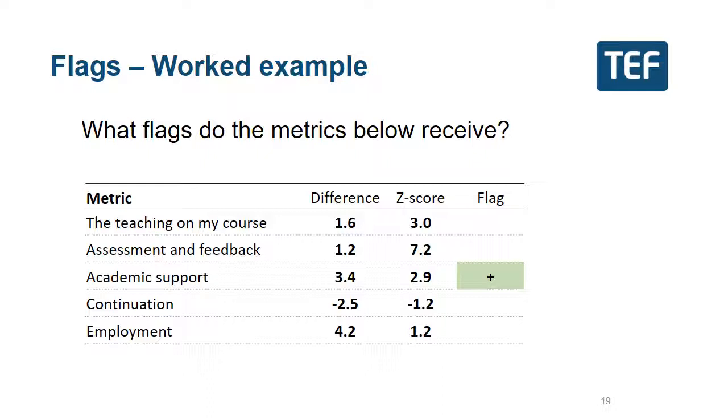In practice, the assessors would look at the entire picture for these metrics, the flags on the split metrics, they'd look for very high or low absolute performance, and it might be that based on that more rounded picture, they indeed identify that employment is a slightly better performer than continuation. But purely based on the information provided in this table, we have to say that there's no difference between these two metrics.